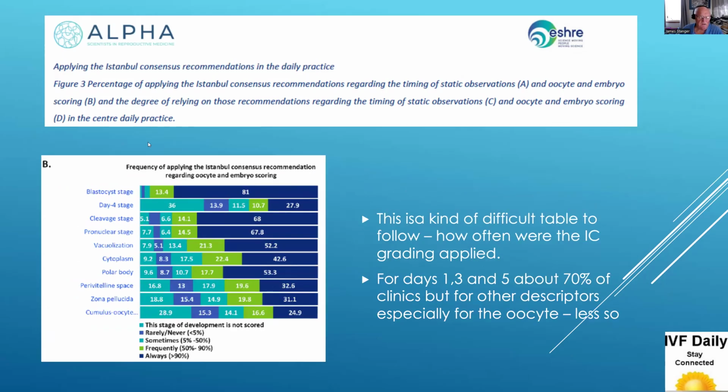However, applied in the description as put out by the consensus, I think there's been a bit of a mix-up here, because people are saying 81% applied the consensus, but we know that's the consensus plus Gardner system. But by and large, the rules that they set out for describing pronuclear stage, cleavage stage and blastocysts have been applied, but there is far less interest in applying all the other recommendations about oocytes and early day 1 embryos.